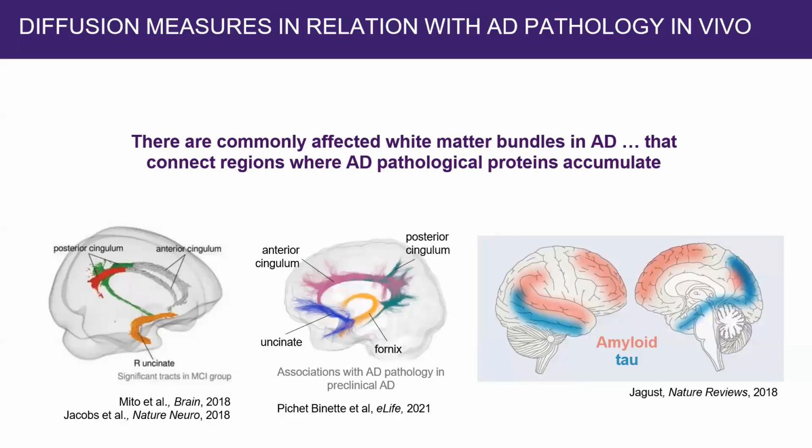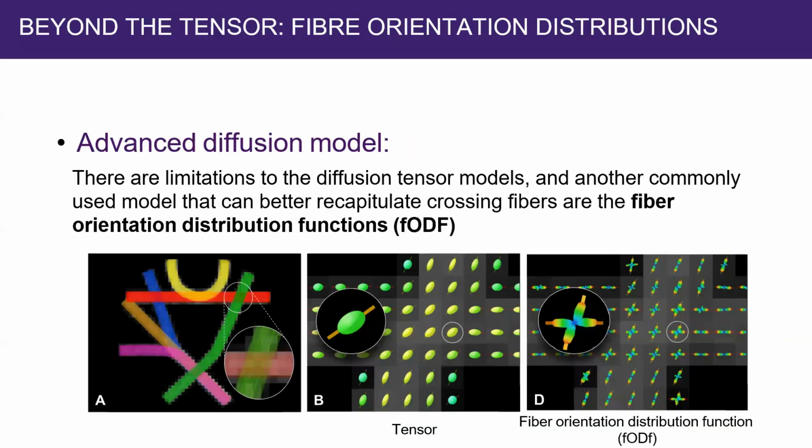And also, you can evaluate different white matter tracts, and you can evaluate all of the values that I told you before, especially in different kinds of diseases. Normally, when you acquire the image, you calculate the tensor.